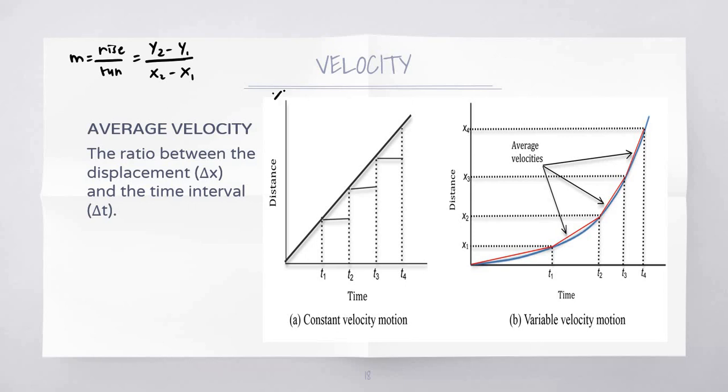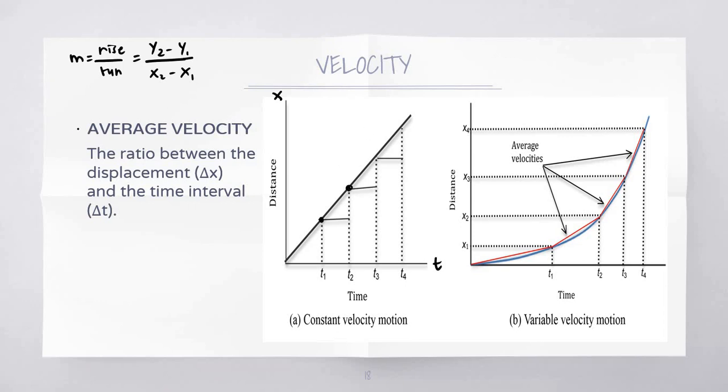So this is position x, this is your time variable. So according to our definition of velocity, we will try to get the average velocity between these 2 points.